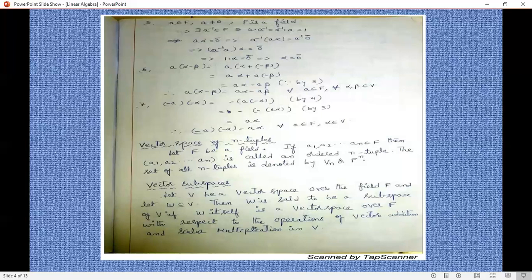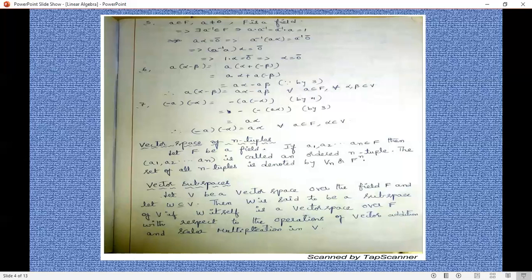Next one is vector subspaces. Already we know subgroups and subrings, and as usual the same definition we are using here for vector subspaces. In groups, a set is said to be a subgroup if it is a subset of that group and itself a group.